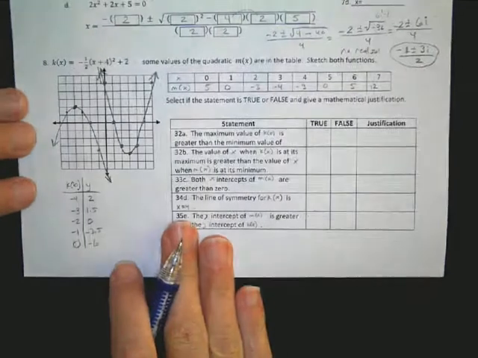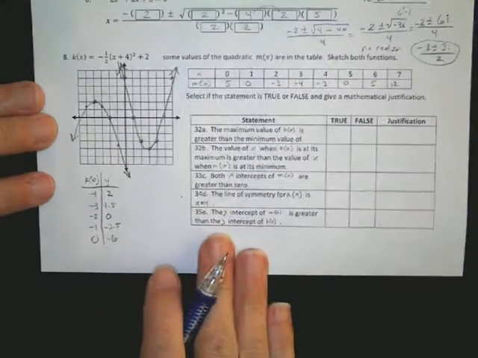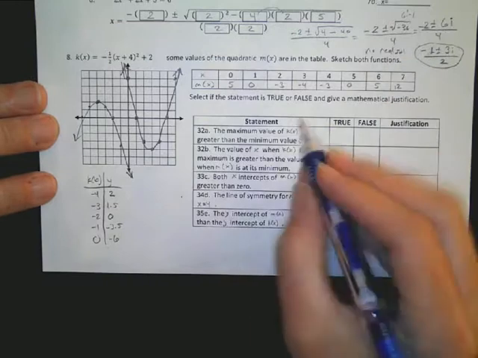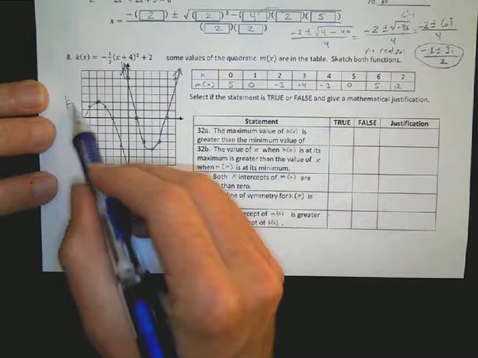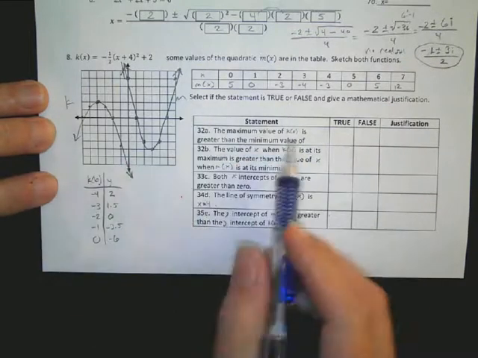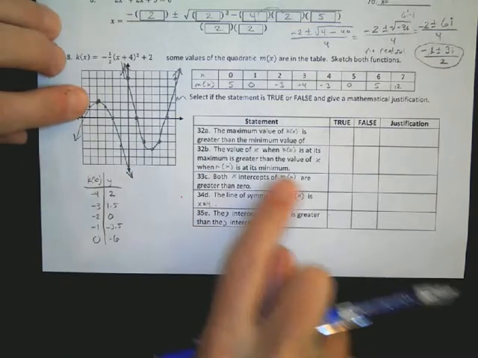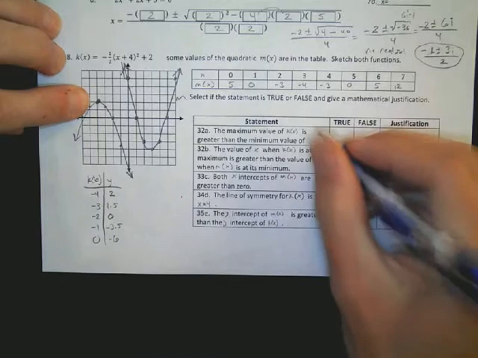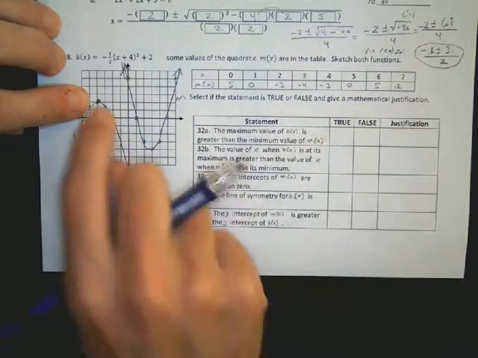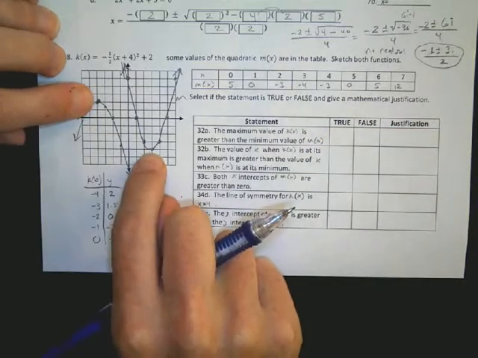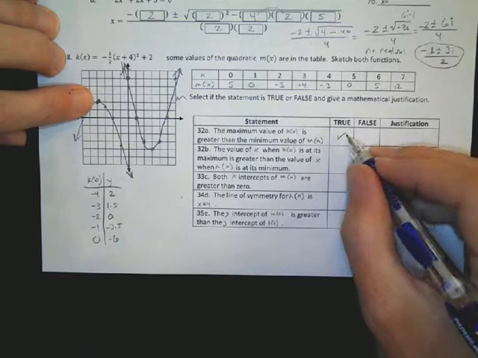So now they have a series of questions. The maximum value of k of x, here's my k of x, here's my m, is greater than the minimum value of m of x. So is that value greater than that one? Yes, that would be true. Next question.